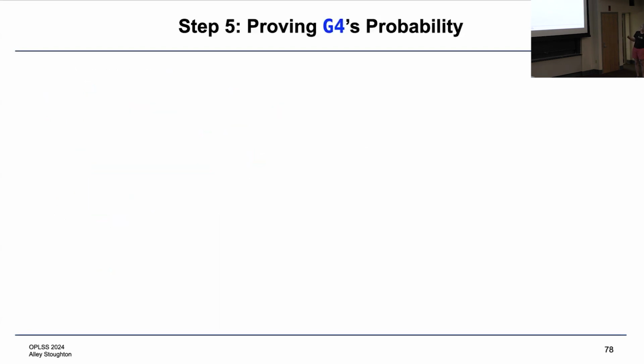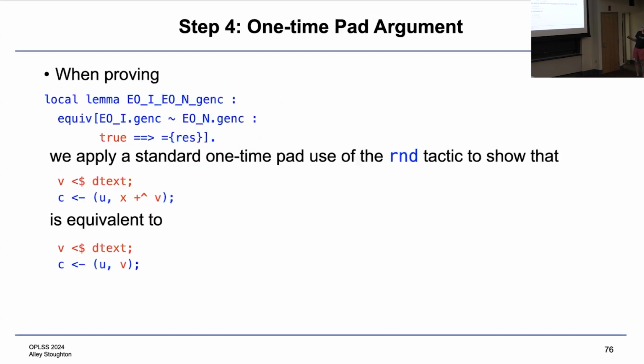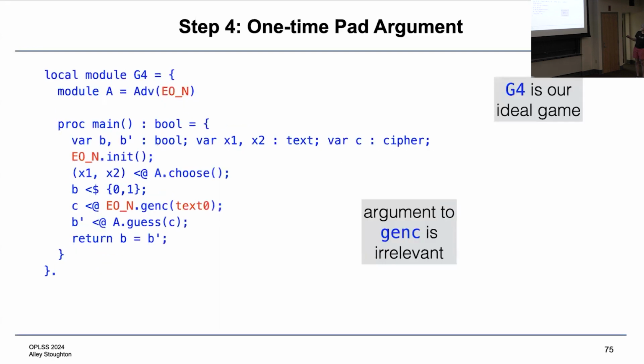And actually, I didn't say it out loud, but let me say it if I back up. This G4 is now finally our ideal game. Because you can actually figure out here that B and B prime are going to have to be independent. So the adversary is going to win this exactly half the time.